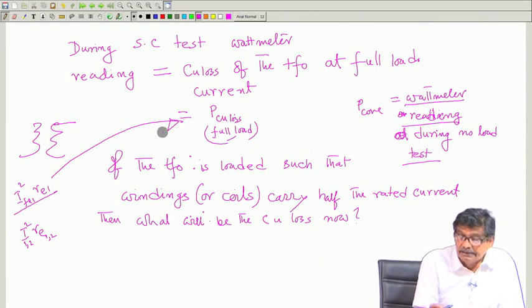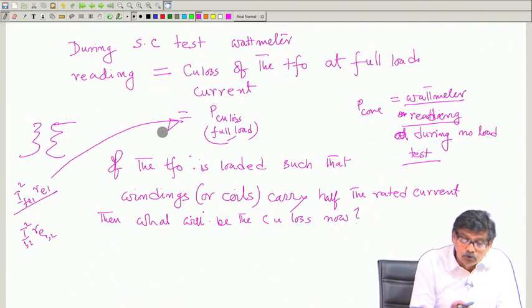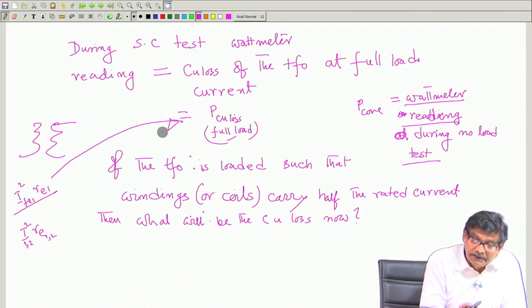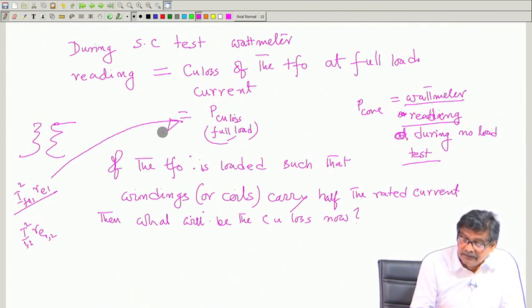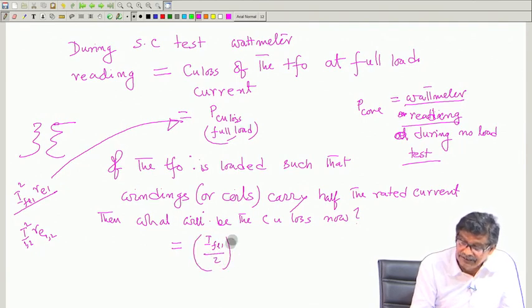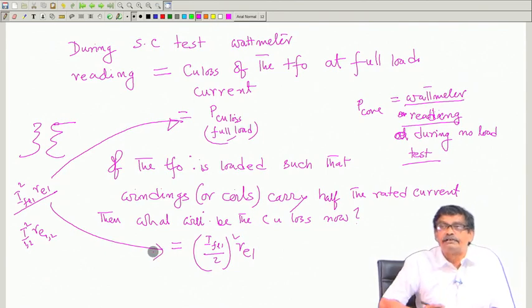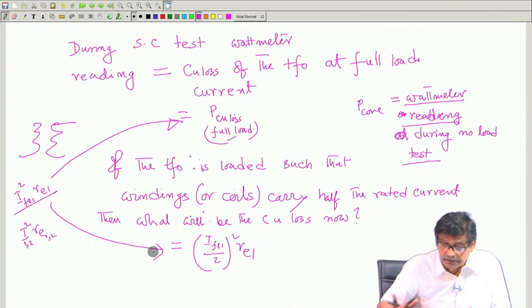Now, I am saying that the winding current is made half. So, what will be the copper loss now? Copper loss should be (I_FL1 by 2) whole square into R_e1, is it not? If you make the currents half the rated current, if you have connected such an impedance on the secondary side that the coils are carrying half the rated current, R_e1 remains the same.